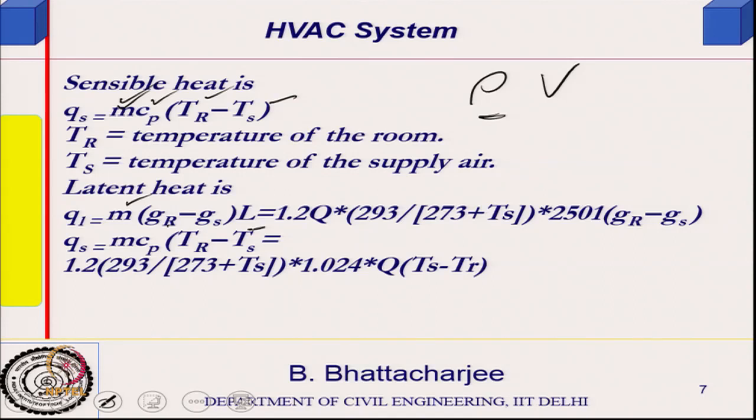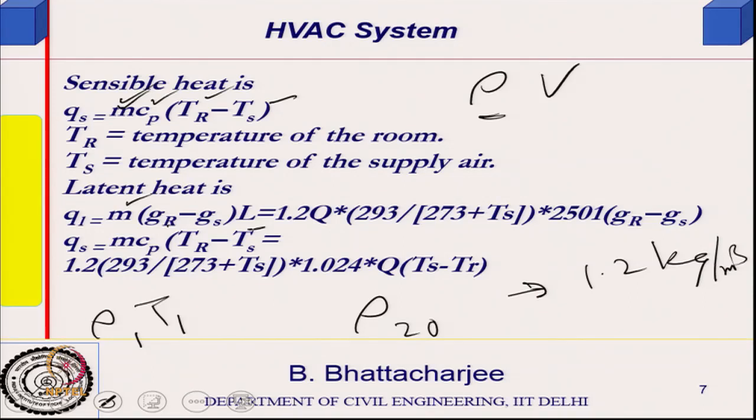We know that at 20 degrees centigrade, rho is 1.2 kg per meter cube, and from the ideal gas law, rho 1 T1 is equal to rho 2 T2, right.